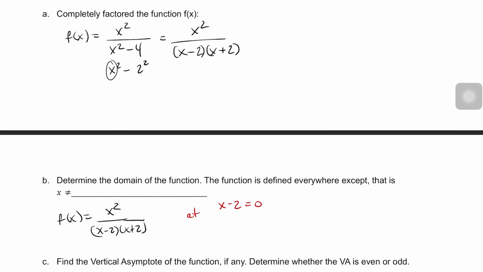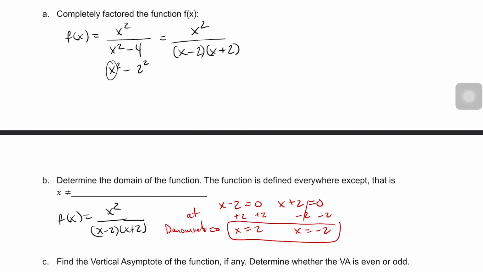And we can see that that happens at x minus 2 and x plus 2. So look at that denominator and set equal to 0, and solve for x. So this will happen by adding 2, x equals 2, subtract 2, x equals negative 2.